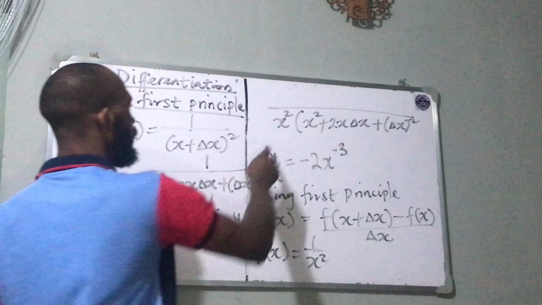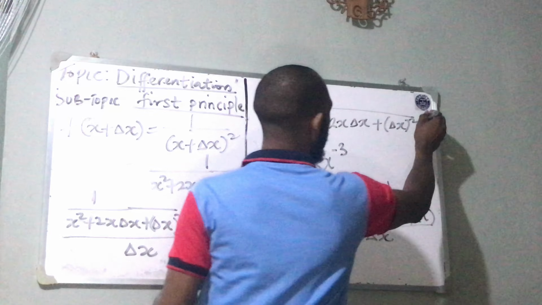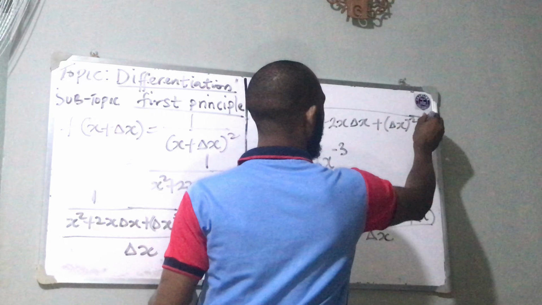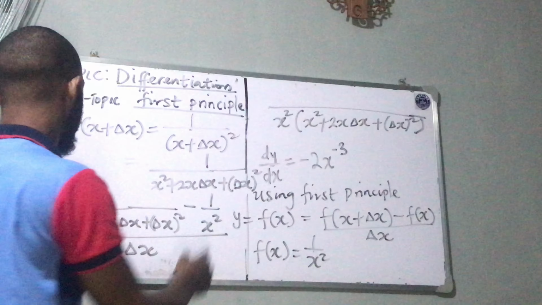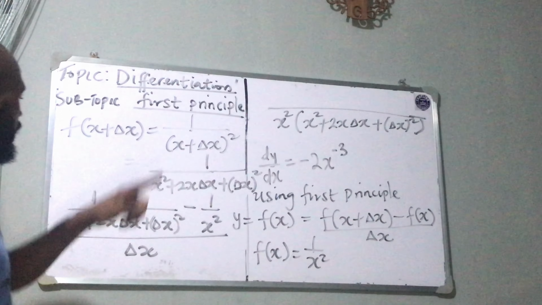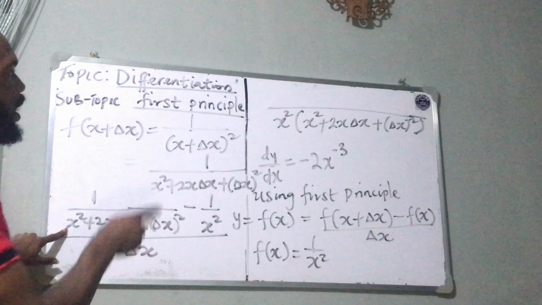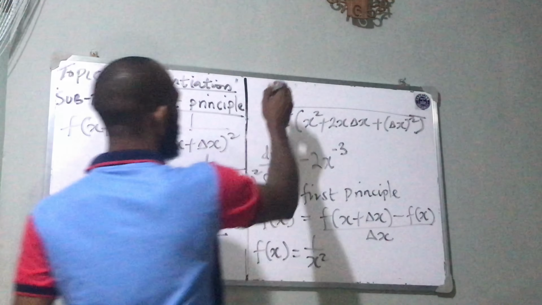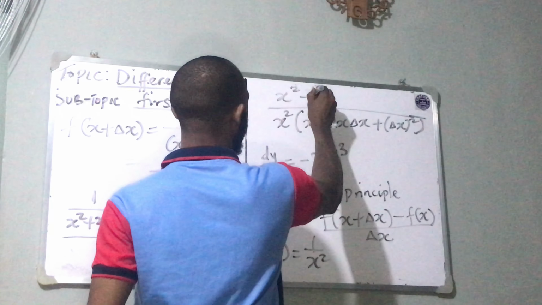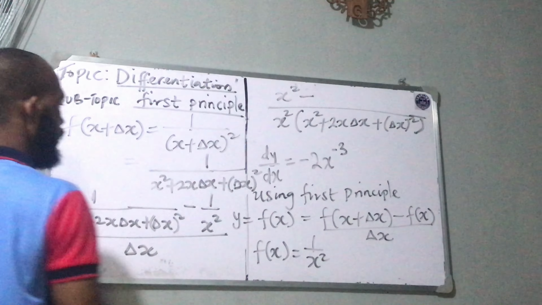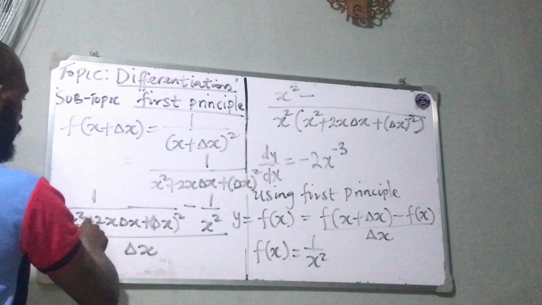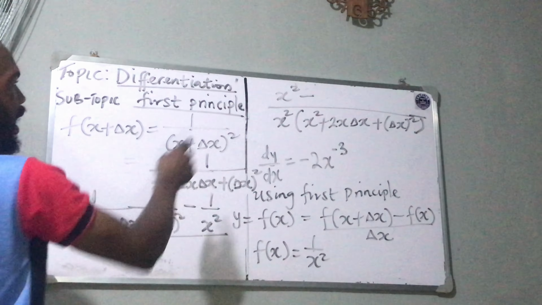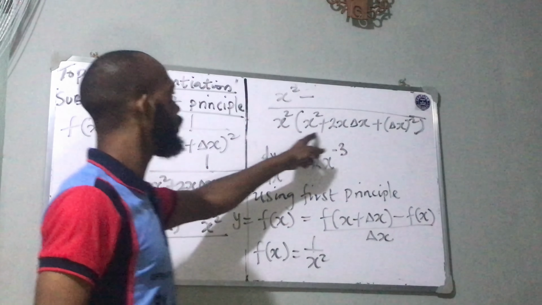So if I divide this, the denominator, that's my LCM, with this, I'm left with x squared. So x squared times 1 will give me x squared, minus, if I divide this with this, I'm left with the whole of this.